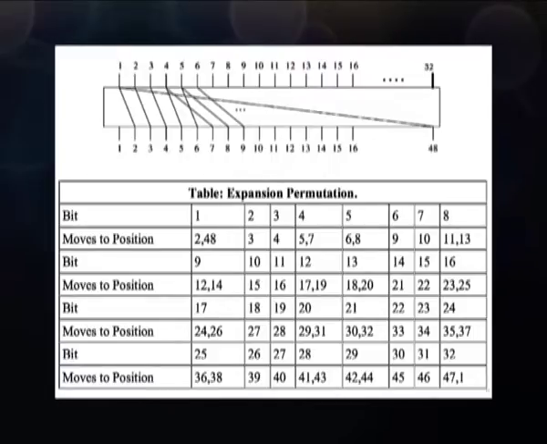As shown in the table, bit 1 moves to position 2 and 48 of the output, while bit 2 moves to position 3, bit 3 moves to position 4, bit 4 moves to position 5 and 7, bit 5 moves to position 6 and 8, bit 6 moves to position 9 and so on.